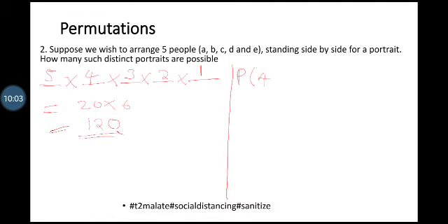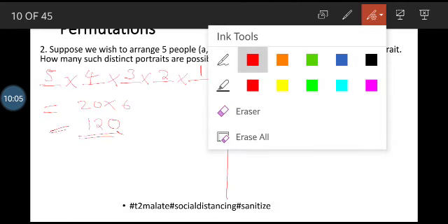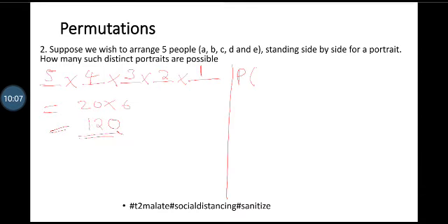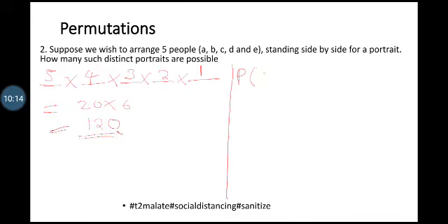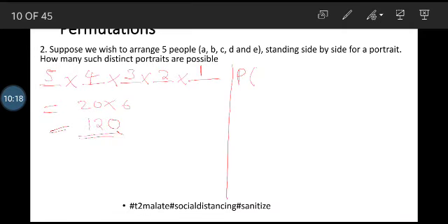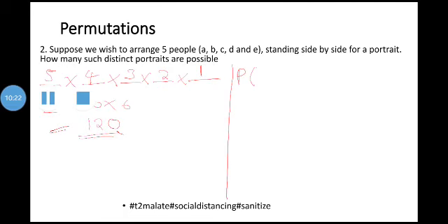If we're going to use the formula, we're going to have P of 5, and we're choosing all the 5.